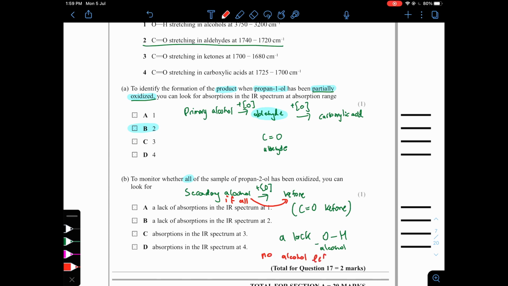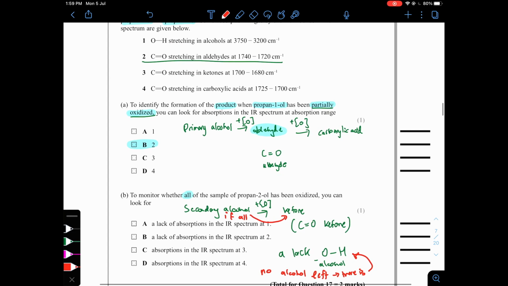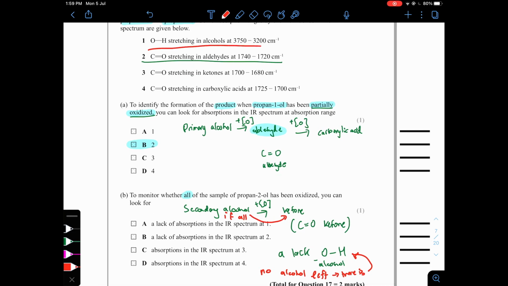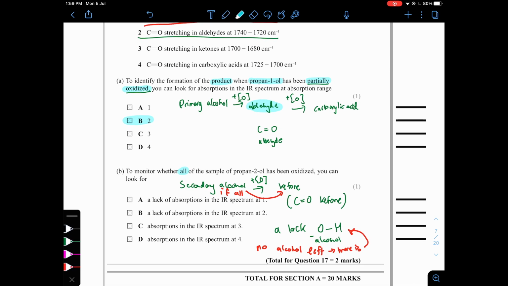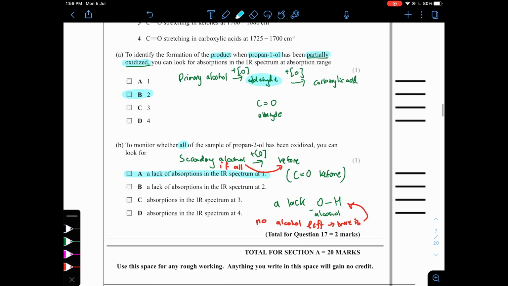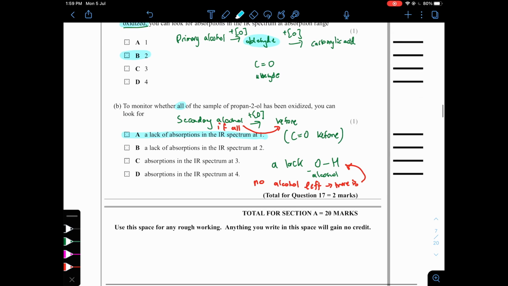No alcohol left. That means that there is a lack of this, the OH. So we need to look at a lack of the stretchings of OH in the IR spectrum. So what answers that? That's a lack of absorptions in the IR spectrum at 1. Okay, so a lack of, no.